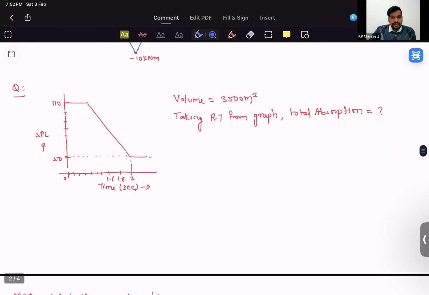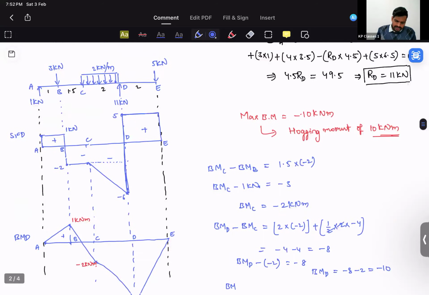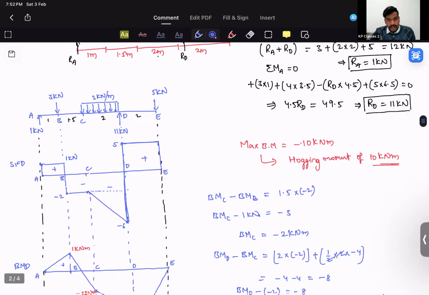The next one is based on the acoustics part. Again, this is a structures question; however, as per the official syllabus, it should be in the architecture part. But some students were telling us that it was in the common part. You can comment in the chat of this video and let us know whether it was really asked in the common part or the architecture part.